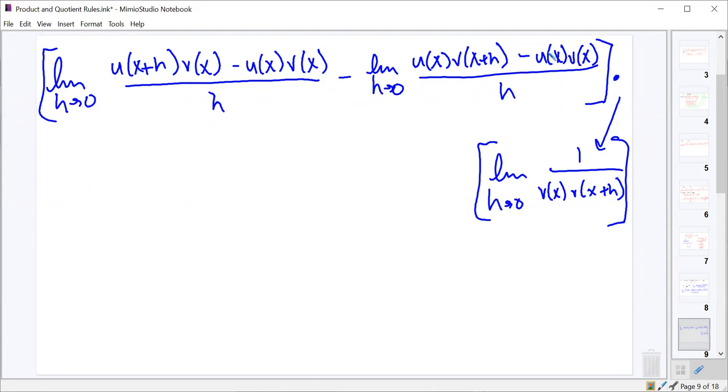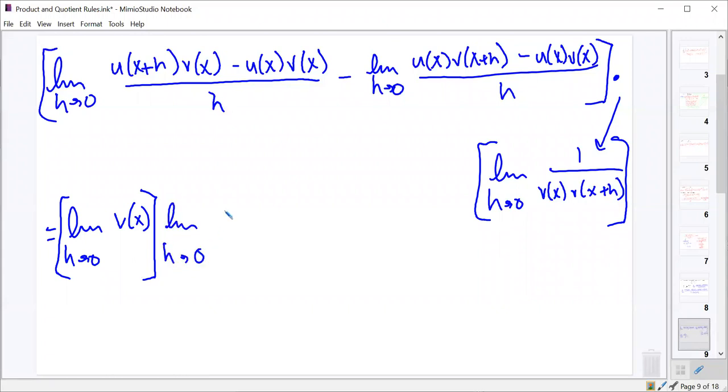These ones will require us to do a little bit of factoring. So we've got the limit as h approaches 0. What am I going to factor out of this first limit up there? v of x. And in fact, let's make that its own limit, so that we then have next to that the limit as h approaches 0 of u of x plus h minus u of x all over h as the other limit.